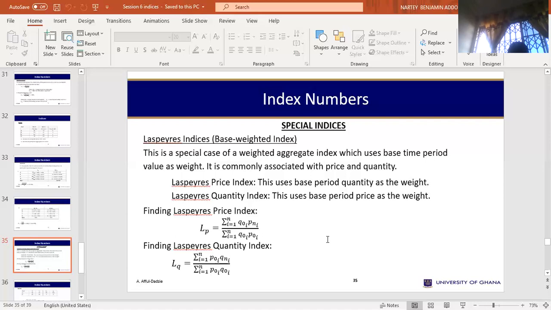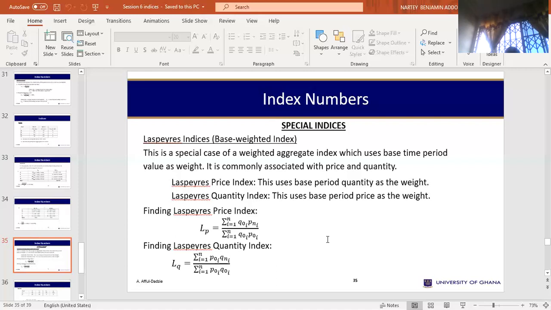And the data collection is less costly and less time consuming. You can easily collect data to calculate that. It is also a more practicable method of measuring index numbers because it facilitates comparison.